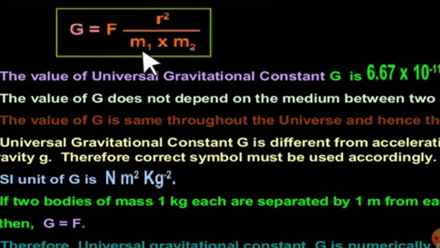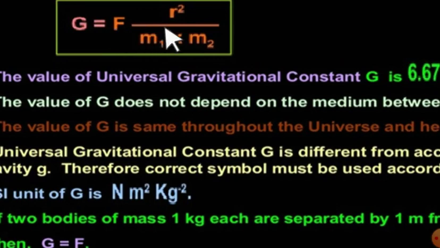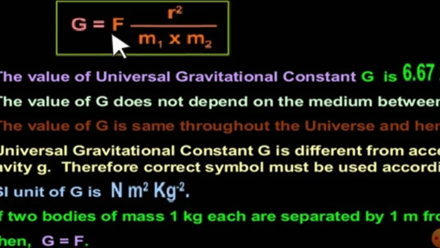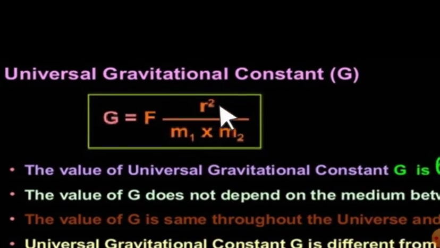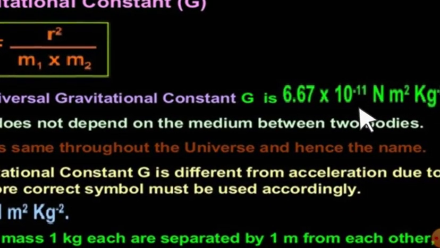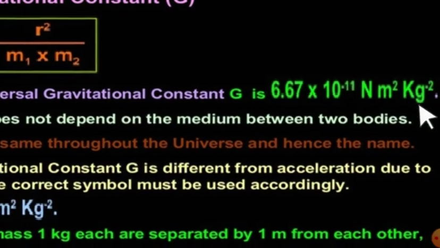SI unit of force is Newton, SI unit of distance is meter. So this will be Newton meter square divided by kg into kg. From this expression we can easily find the SI unit of this universal gravitational constant. So its SI unit will be Newton meter square per kg square. That is what I have written here.